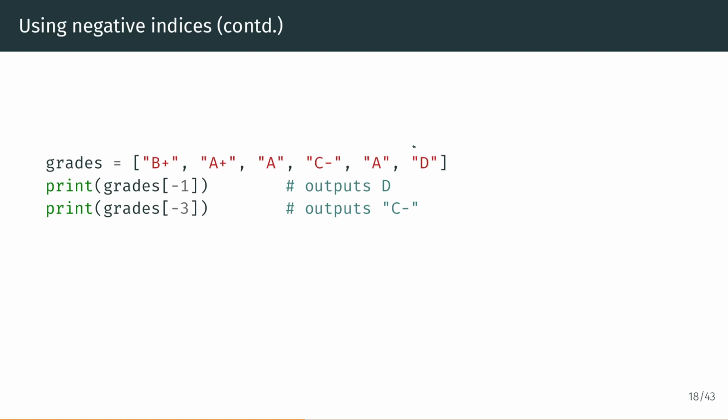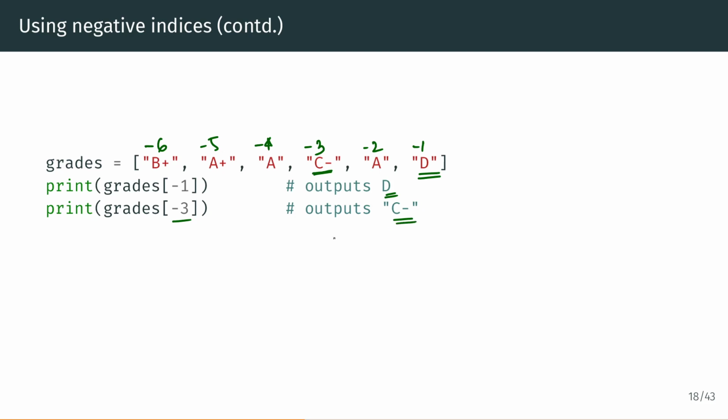So this would be index -1, this would be index -2, index -3, -4, index -5, index -6, right? So when you print grades[-1], that's our grade at index -1, so it outputs D. Okay, and when you print grades[-3], that's our grade at index -3, so it will output C minus.